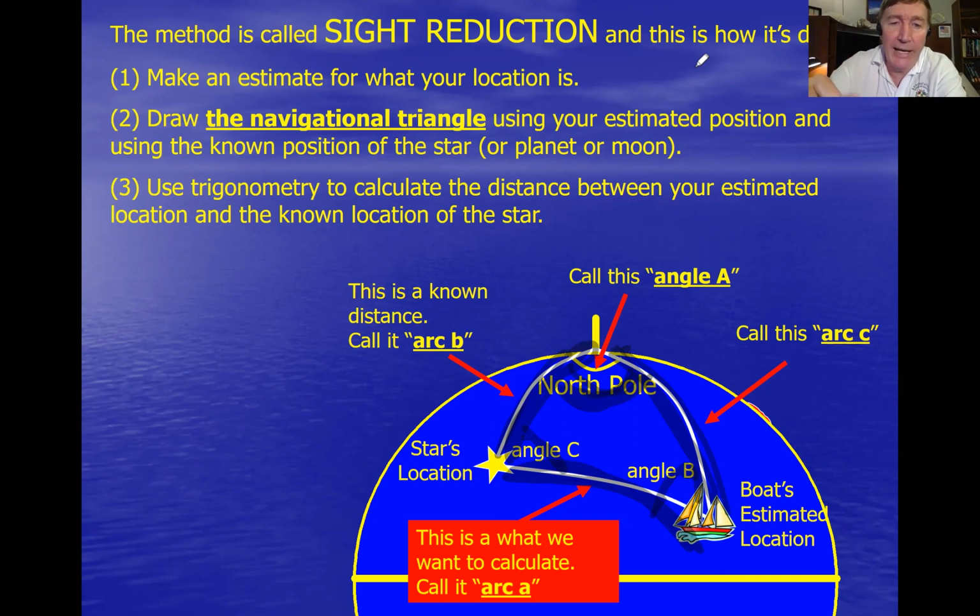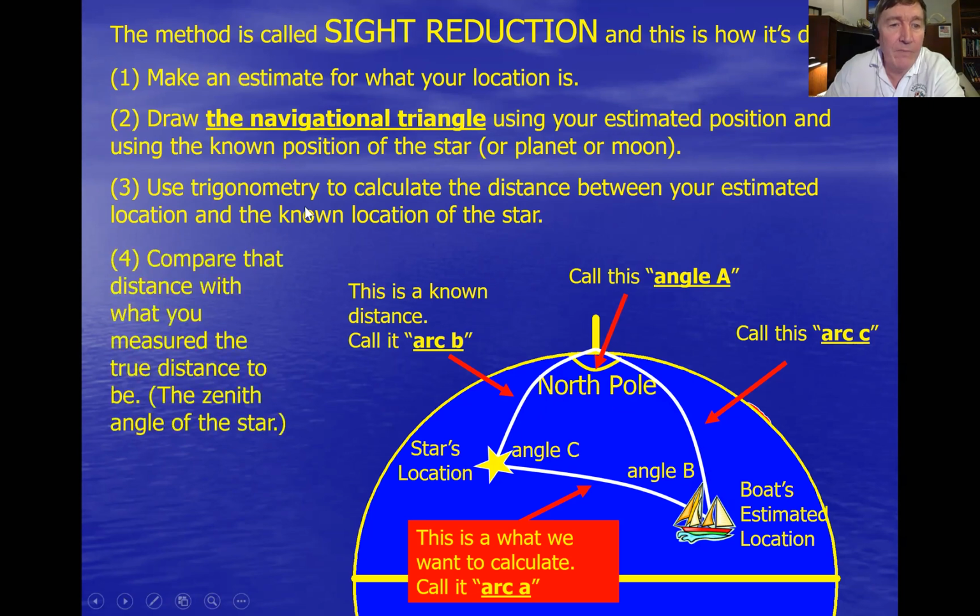Okay, so we're going to do that. In fact, let me click here so that I can bring up the next one. We are going to calculate what this distance right here is. Now remember, this is the distance between the GP and the place where we thought we were, but we know it was wrong. But that's okay.